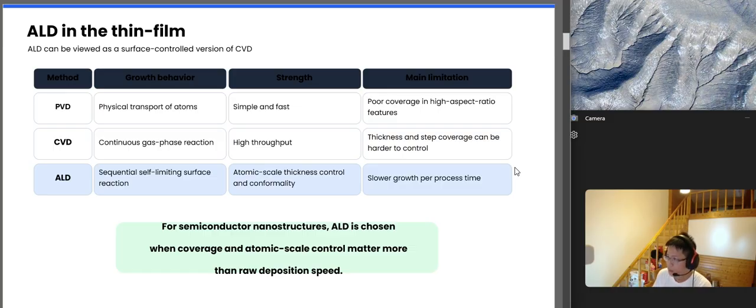But the weakness, the limitation, is the slower growth per cycle time. So it is harder to apply to high volume devices. For example, for semiconductor nanostructures, ALD is chosen because atomic scale control matters more than raw deposition speed.